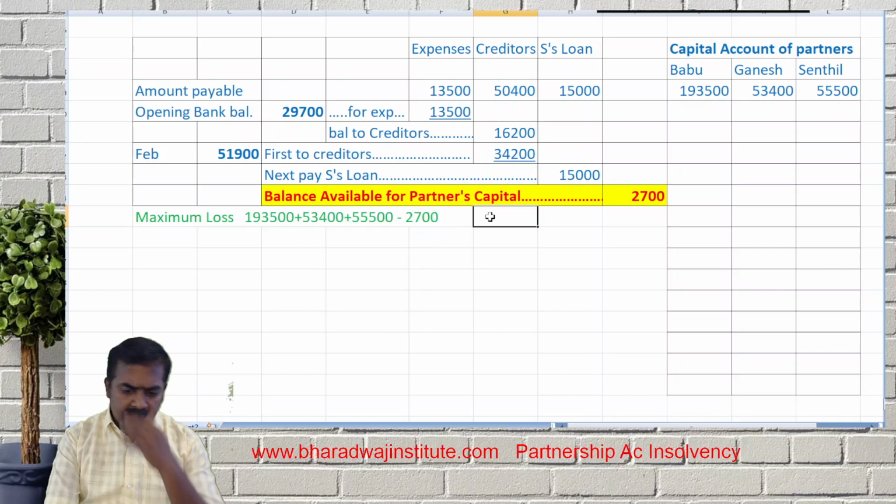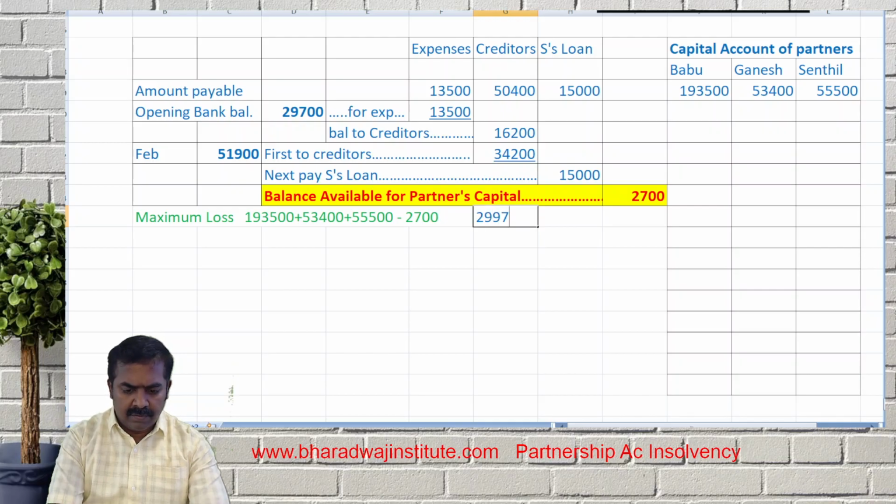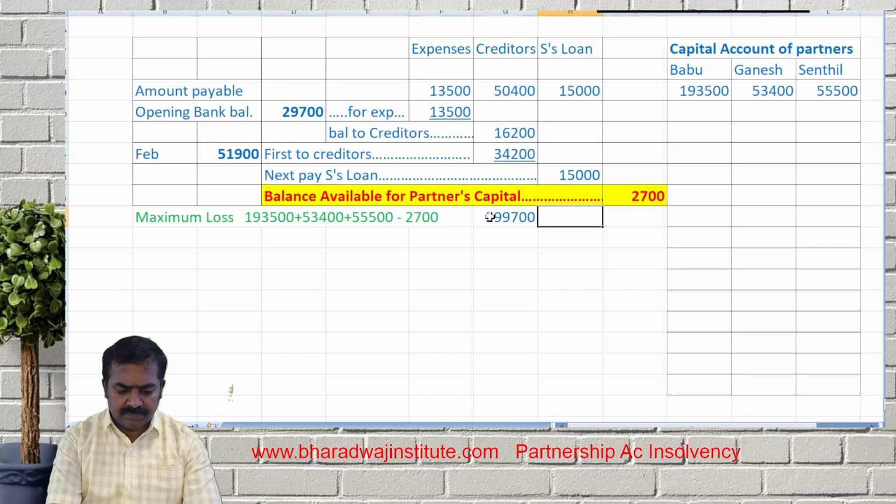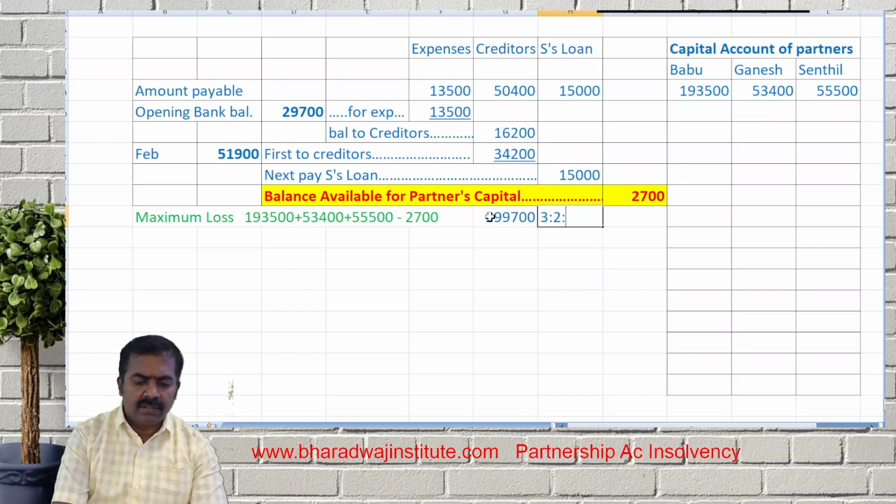What is the maximum loss? Distribute in which ratio? 3:2:1 now.